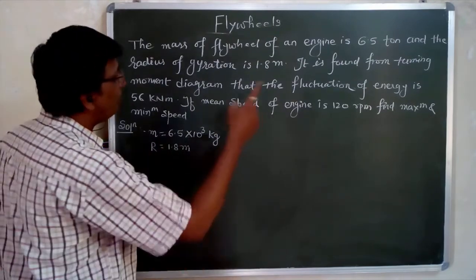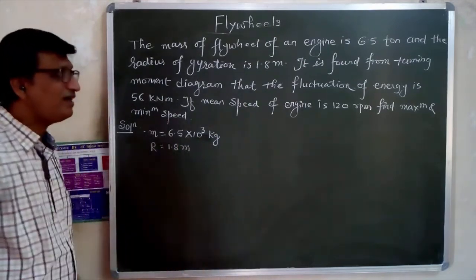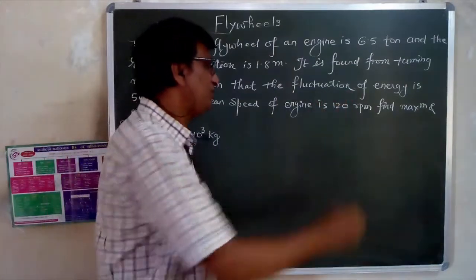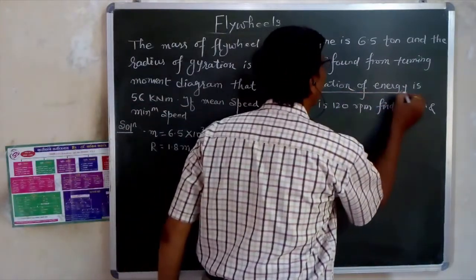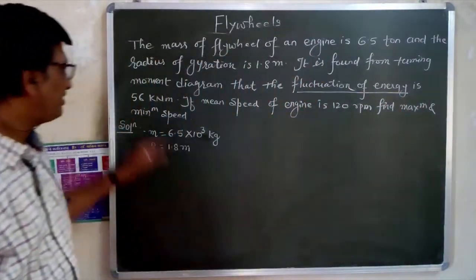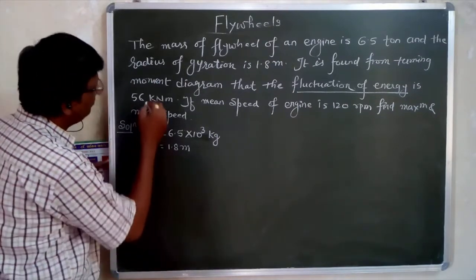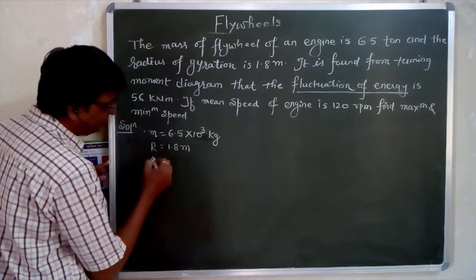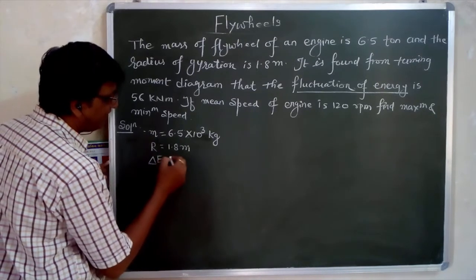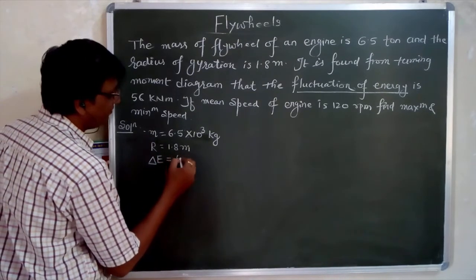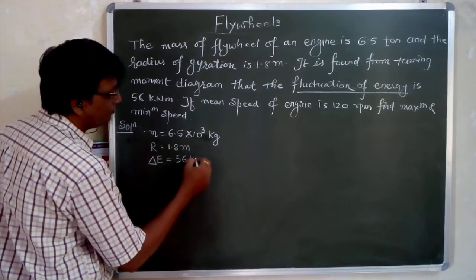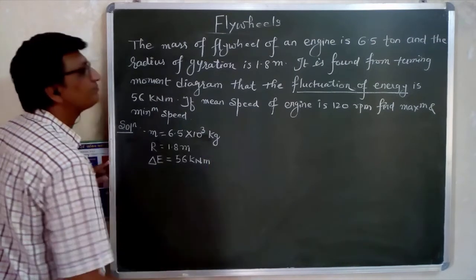It is also found from the turning moment diagram that the fluctuation of energy, delta E, is given as 56 kilonewton meter.